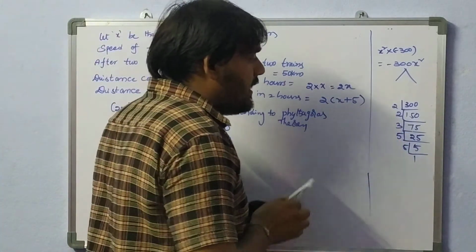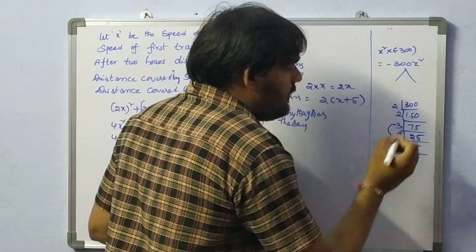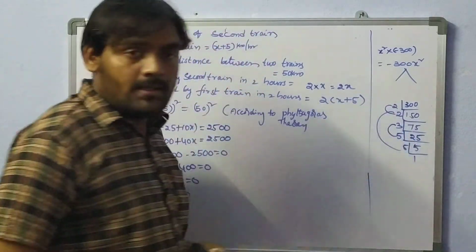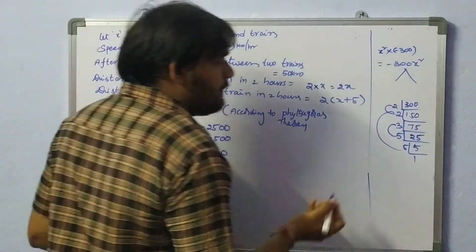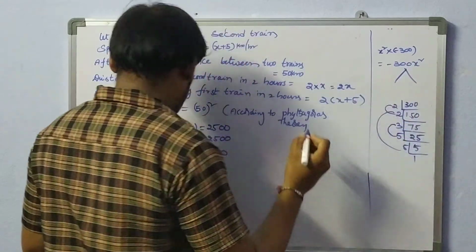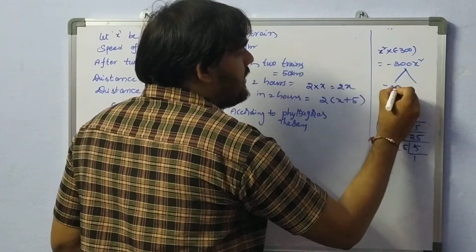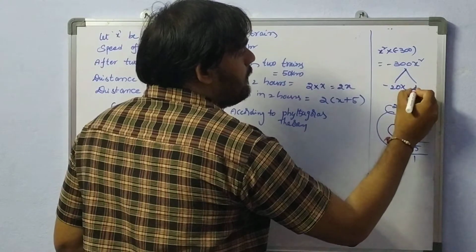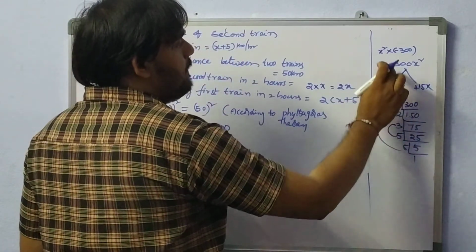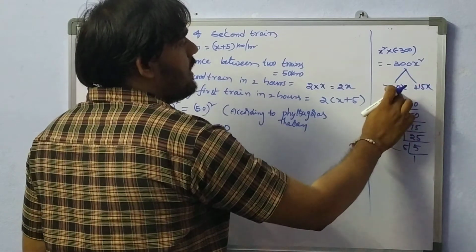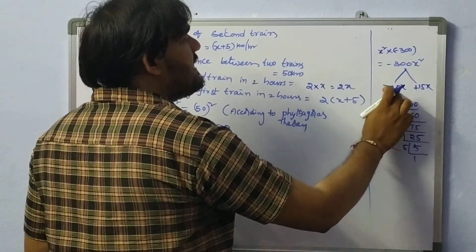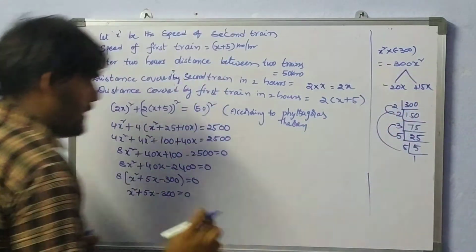Now I can write 3 5s are 15, 2 2s are 4, 4 5s are 20. Now minus 300 we can write as minus 20x plus 15x. Minus into plus is minus, 15 2s are 30, here 0 is there, so 15 20s we will get 300.